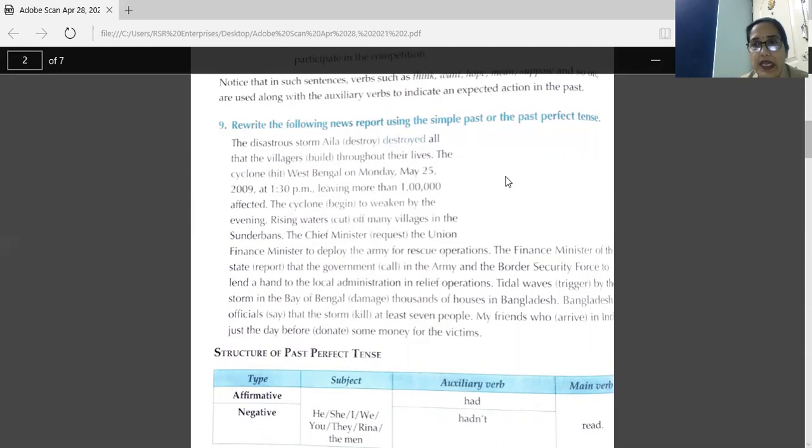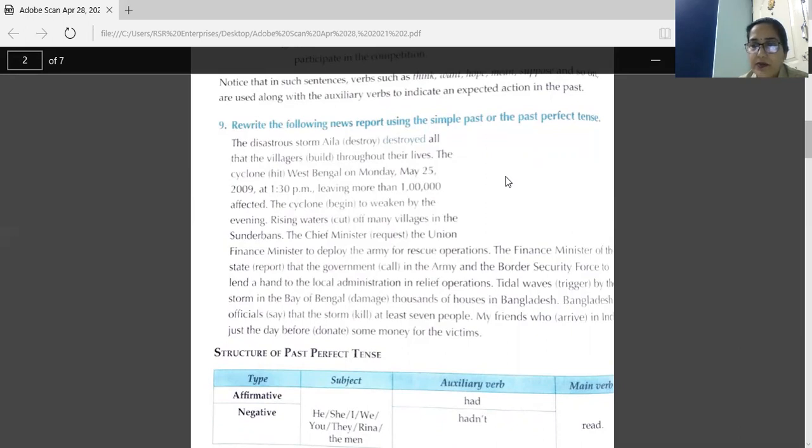In place of build, you have to write past perfect, had built, B-U-I-L-T, throughout their lives. The cyclone hit, it will remain same, simple past, West Bengal on Monday, May 25, 2009 at 1:30 p.m., leaving more than 1 lakh affected.